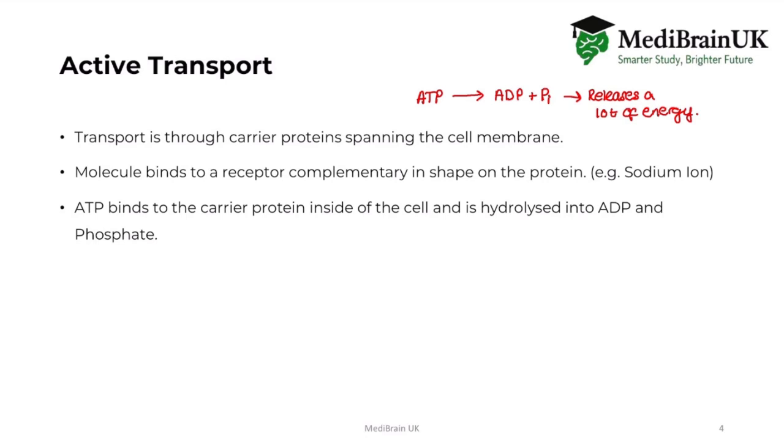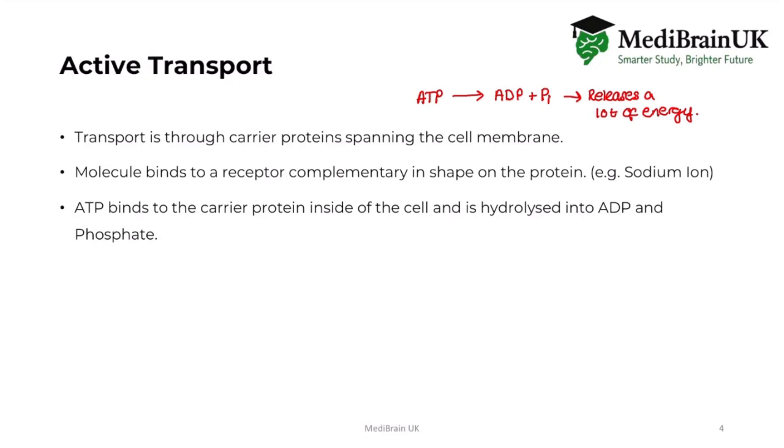Okay, so what's happened so far? A molecule has come to a cell membrane and it needs to enter the cell. The molecule binds to the receptor on the outside of the cell membrane, and then it will need to move into the cell. Because it has a lower concentration on the outside compared to the inside, it's going to get an ATP molecule. And that ATP molecule is also going to bind to the inside of the cell.